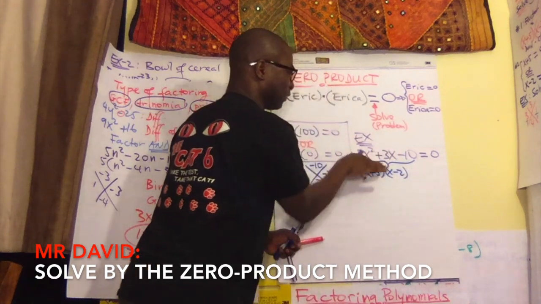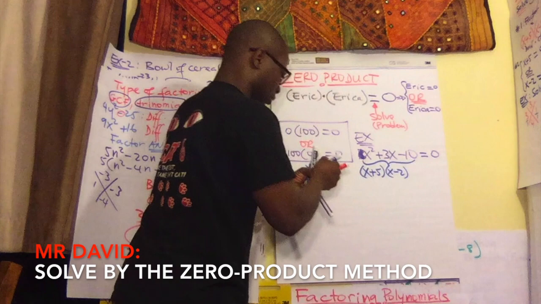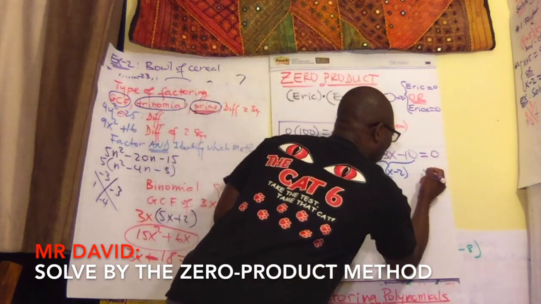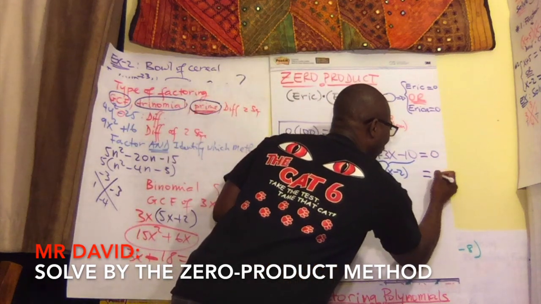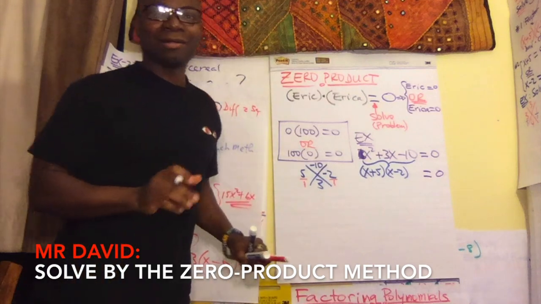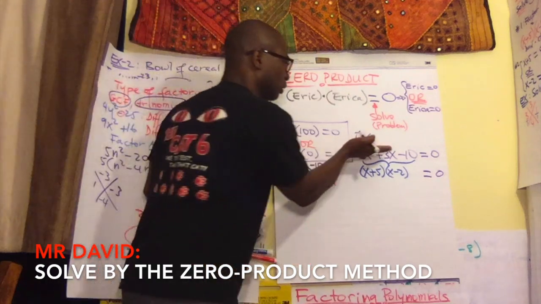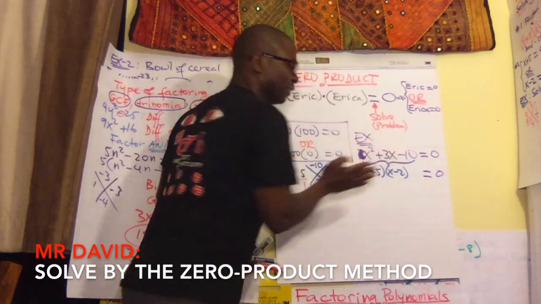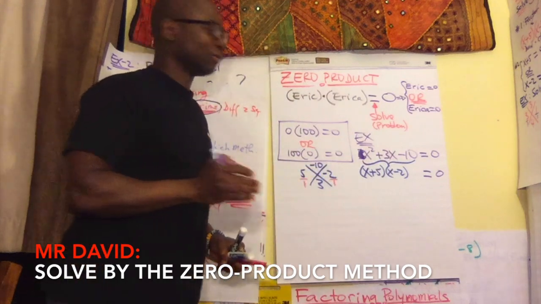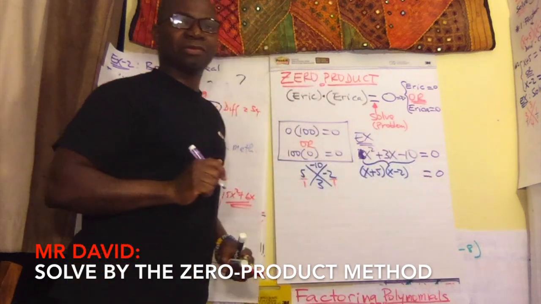Realize it's just the left side equal. See, I'm going to bring my equal down to 0. Am I done? No. All I did was factor the left side so that it could give me 0.